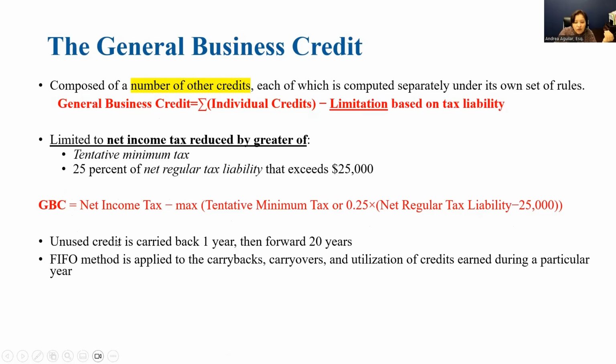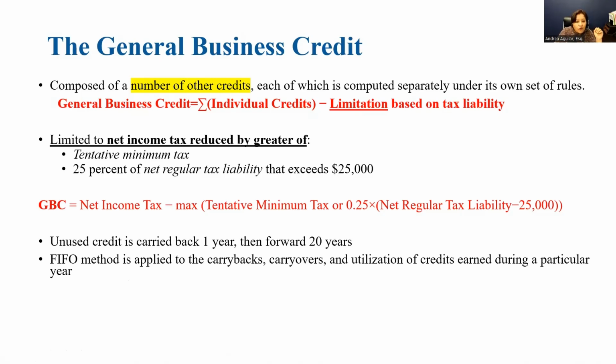If you're not able to use all the credit in one given year, you can carry back the unused credit 1 year and then forward any unused general business credit 20 years.